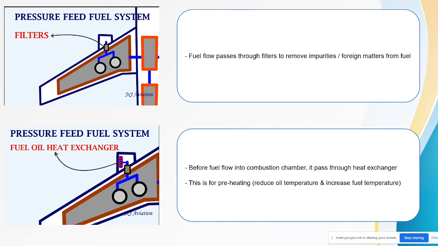So to increase the temperature of the fuel, it is directed into the fuel oil heat exchanger before it enters the combustion chamber, where the heat from the oil is transferred to the lower temperature fuel. This will lower the temperature of the oil and also increase the temperature of the fuel for better combustion efficiency.